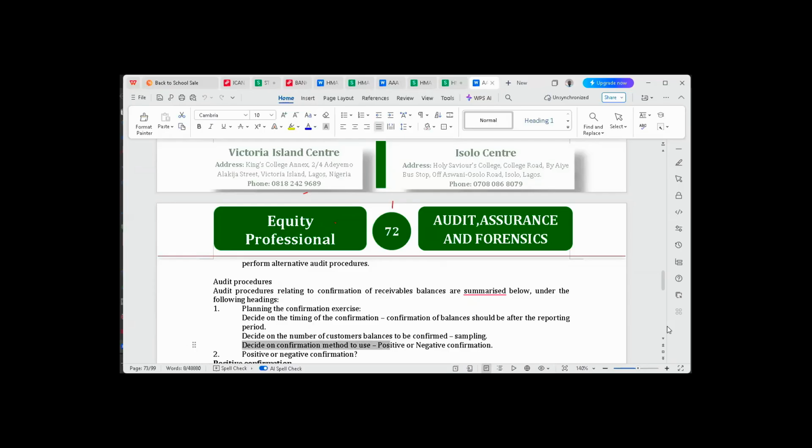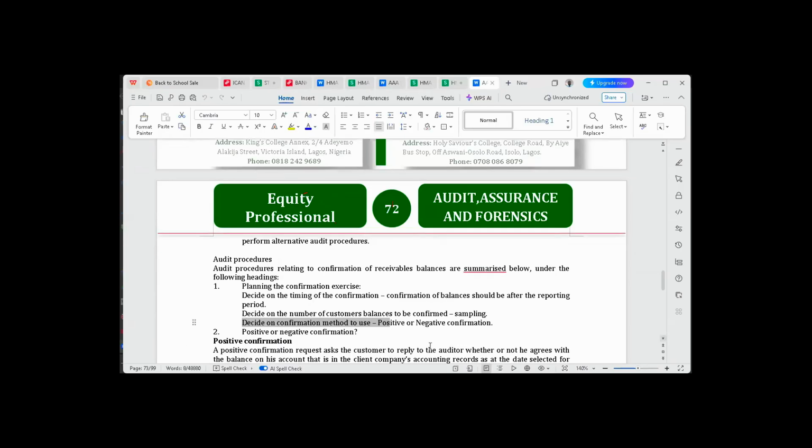Then, after he has done that, you need to go to the second stage. You should now collate the information he has obtained, whether using negative confirmation or positive confirmation.